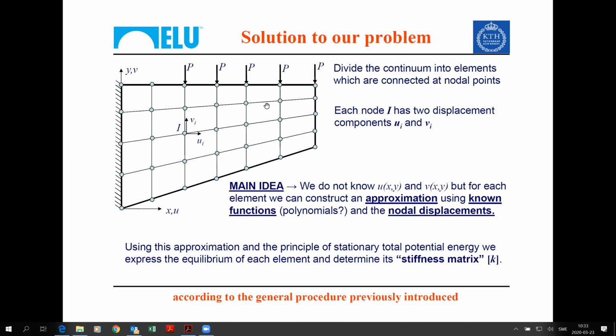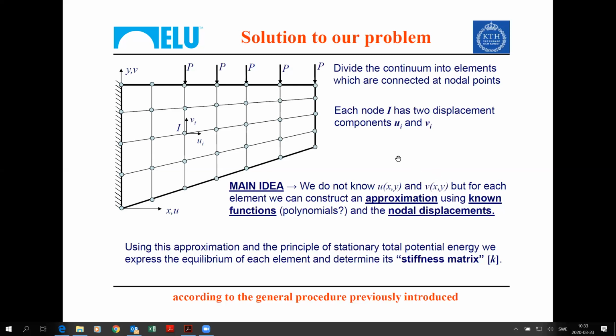So we will divide this surface into smaller surfaces, which are our elements, and we will assume that these elements are connected at the nodal points. At each node, say node I, we have two displacement components, u of I, the horizontal, and v of I, the vertical.